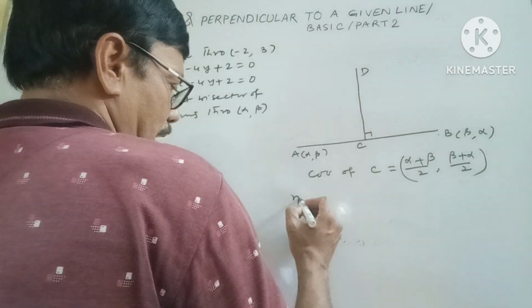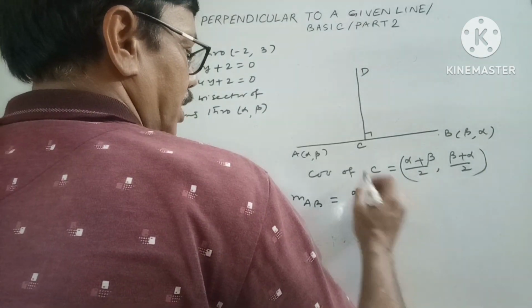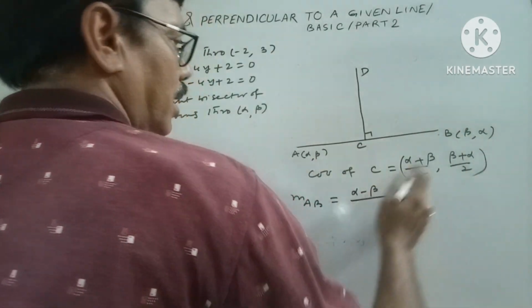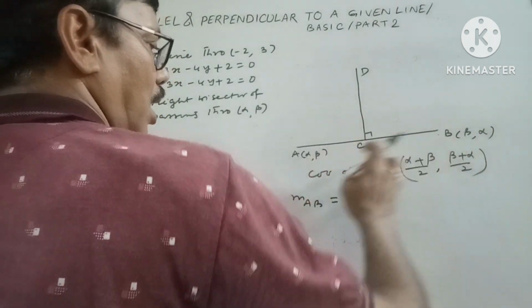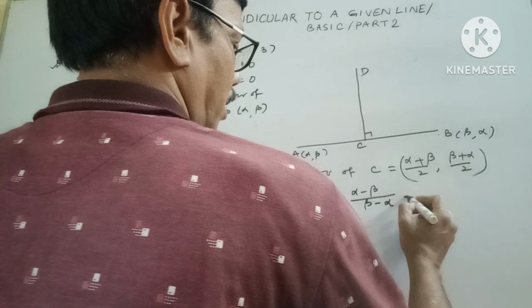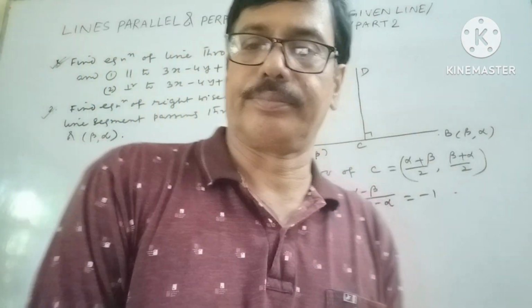Now what is MAB? The slope of AB equals (alpha - beta) by (beta - alpha). So we are getting the slope as -1.